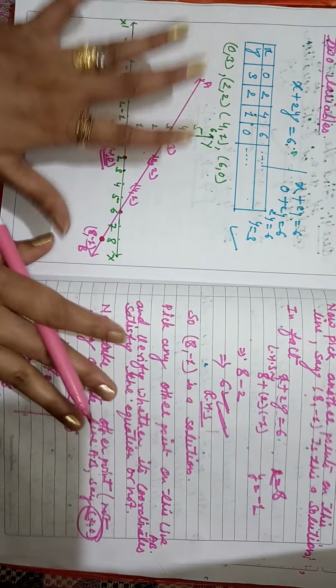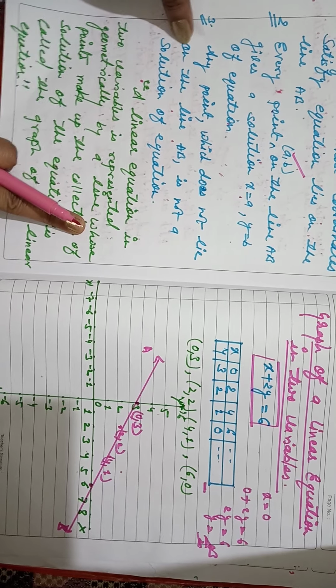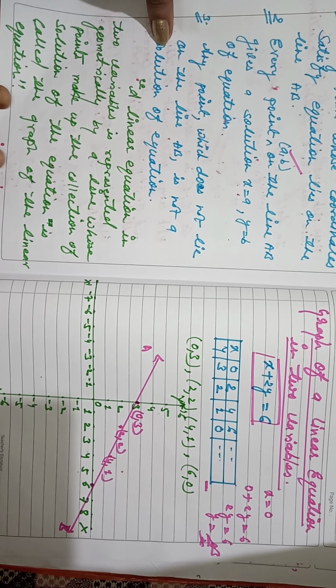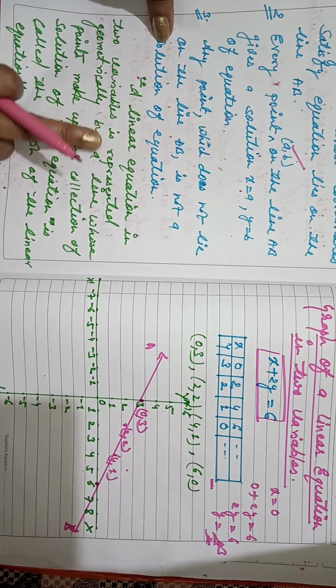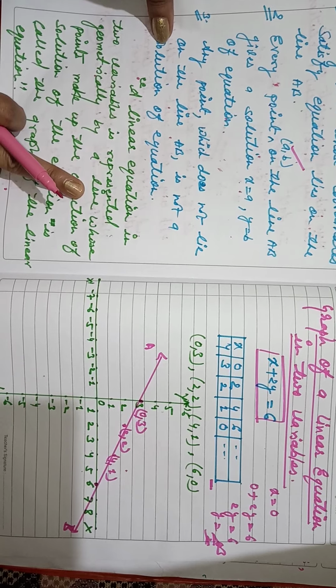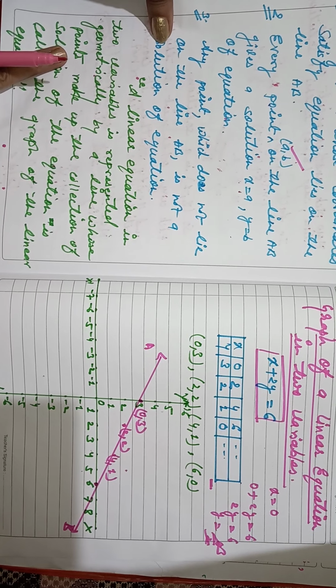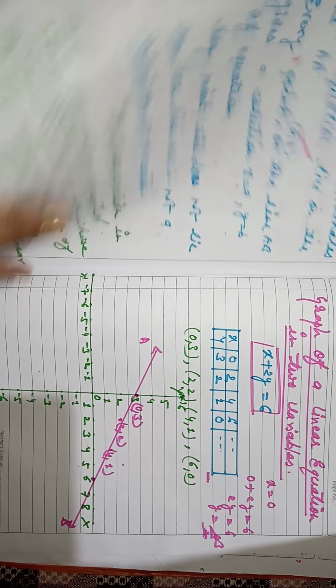On the basis of that, now what is the graph of a linear equation? A linear equation in two variables is represented geometrically by a line whose points make up the collection of solutions of the equation.